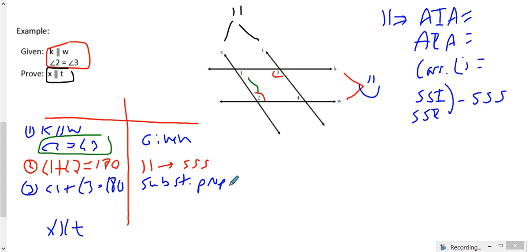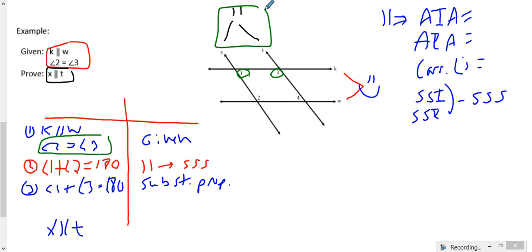Now what does that tell us? Well, we've just shown that angle 1 and 3 are supplemental. Well, our goal is to show that these two lines are parallel.